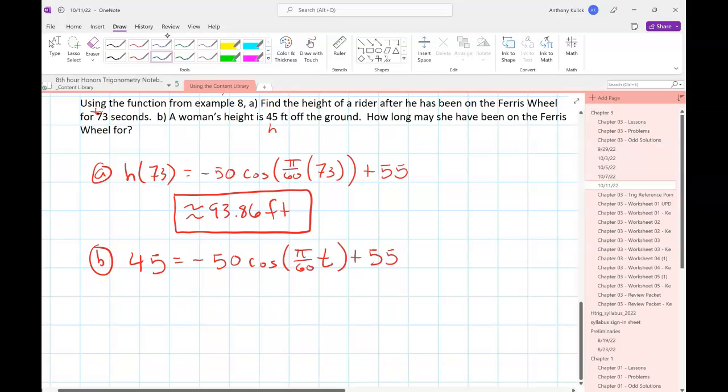All right. What do I do first to solve for t? Subtract what? 55 from both sides. That's good.